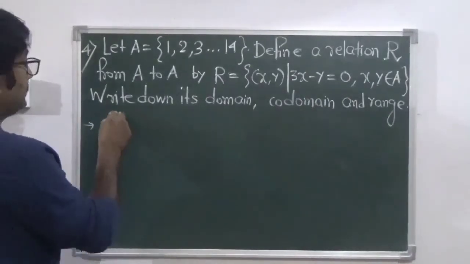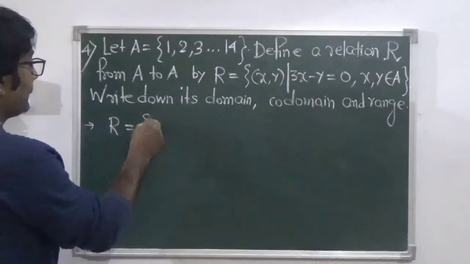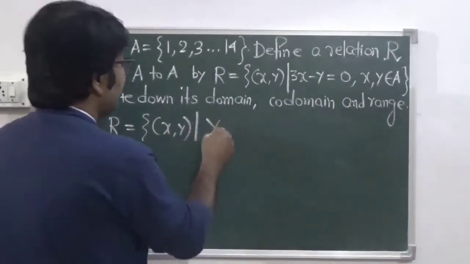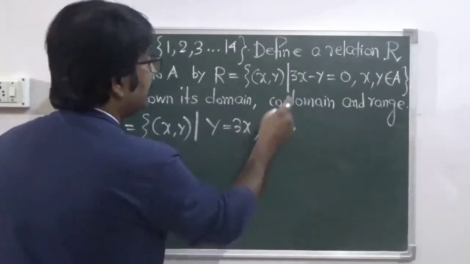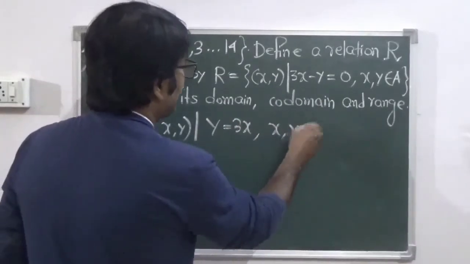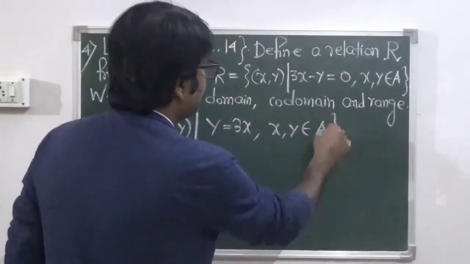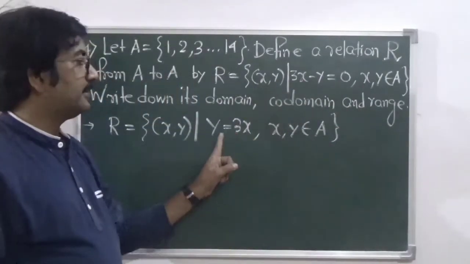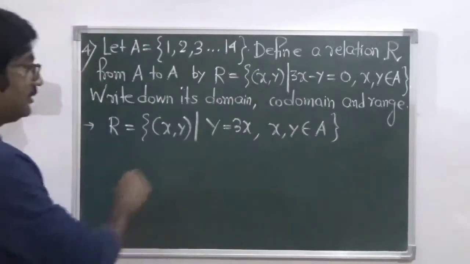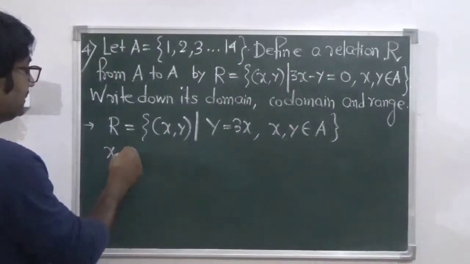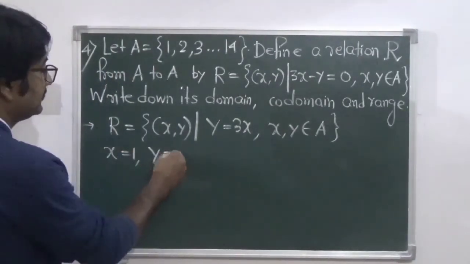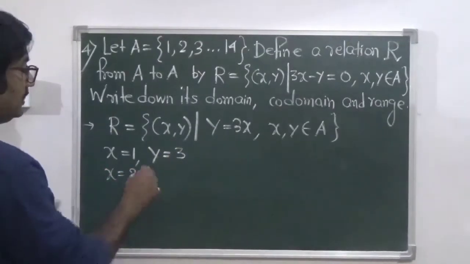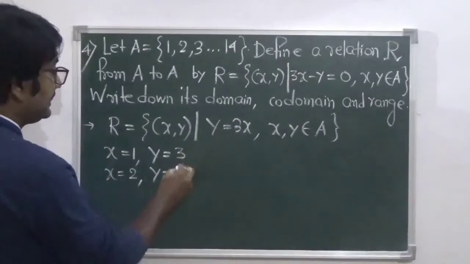Now let us first see the relation. Here we can define the relation as (x, y) such that y equals 3x, where x and y both belong to the set A. 3x minus y equals 0, so we can write it as y equals 3x. If we take x equal to 1, y is 3. If x equals 2, then y equals 6.